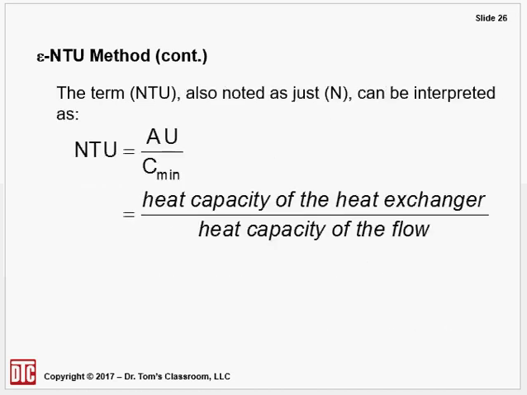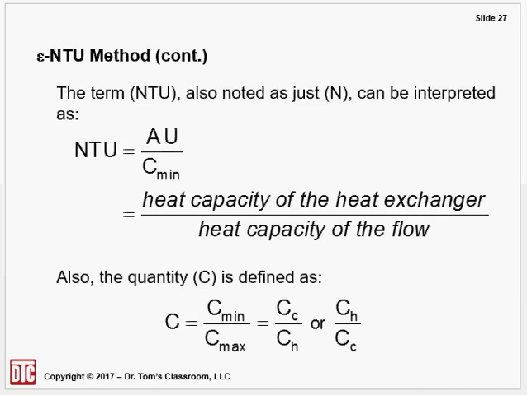Again, the way to think of the NTU, which is also denoted as just N, at least in the equations, since it gets cumbersome to keep using NTU, is the heat capacity of the heat exchanger divided by the heat capacity of the flow, because you've got the mass flow rate times the specific heat here.